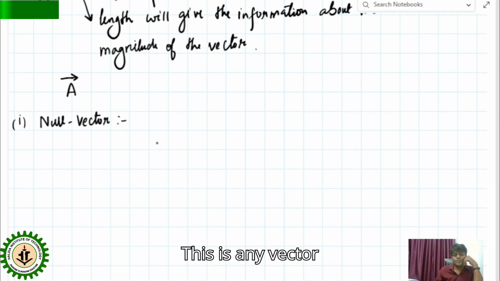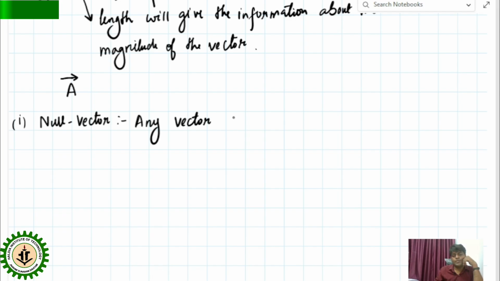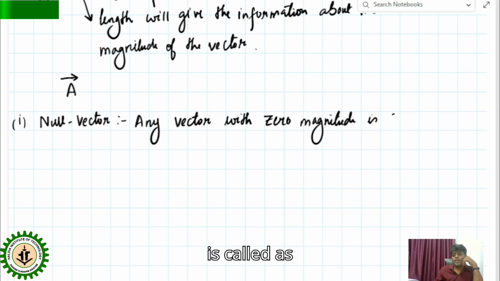Any vector with zero magnitude is called as null vector.